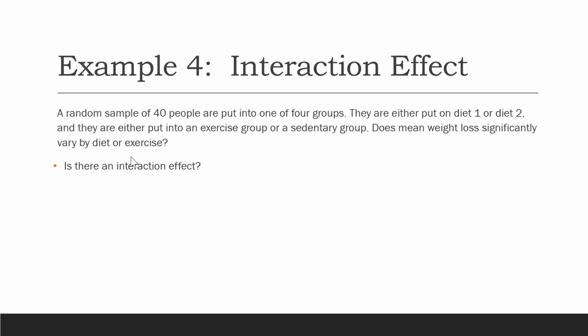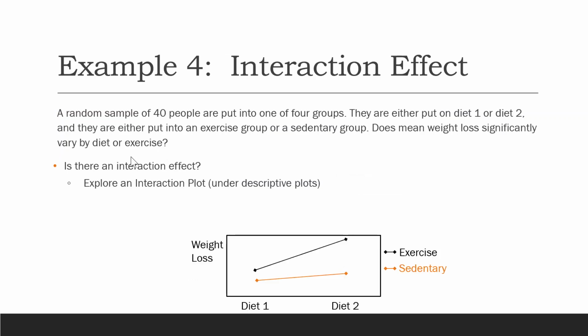All right. So when we want to actually determine if there is an interaction effect, right? We're going to look descriptively first, and then I'm going to tell you about the hypotheses. When I want to determine if there's some evidence of an interaction effect in my sample data, that's coming from descriptive statistics, then we can explore what we call an interaction plot. This is an example of what an interaction plot looks like.